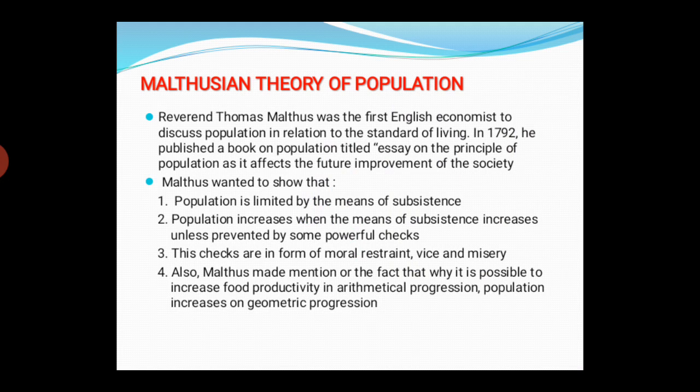That is, the food production increases in arithmetic projection, e.g., 2, 4, 6, 8, 10, 12, 14, etc. While the population growth is in geometric projection, e.g., 2, 4, 8, 16, 32, 64.